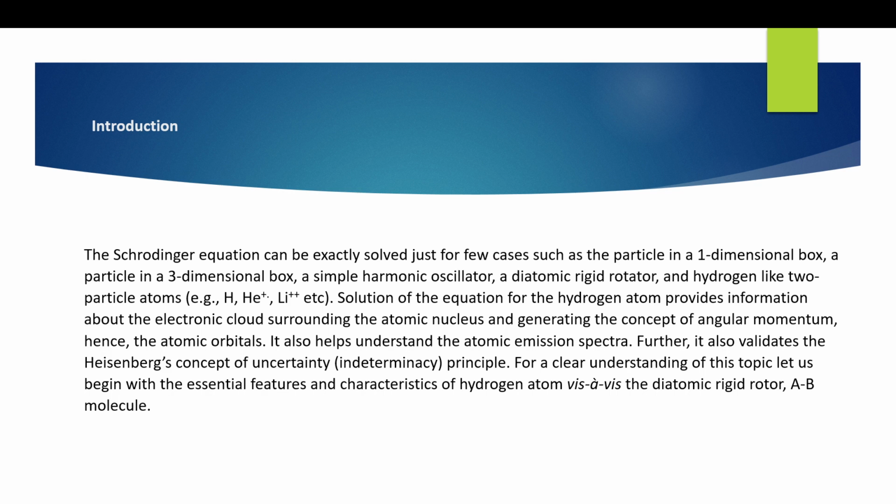Further, it validates Heisenberg's concept of indeterminacy. For a clear understanding of this topic, let us begin with the essential features and characteristics of the hydrogen atom, which resembles the diatomic rigid rotor, for example, a hypothetical AB molecule.